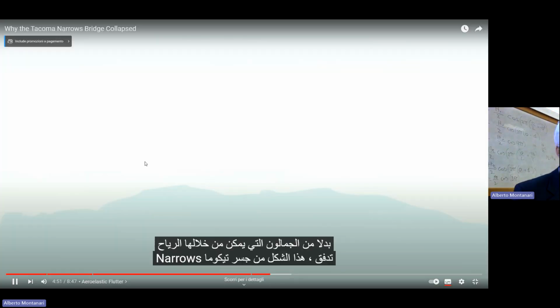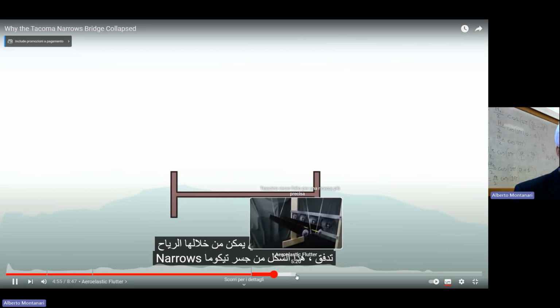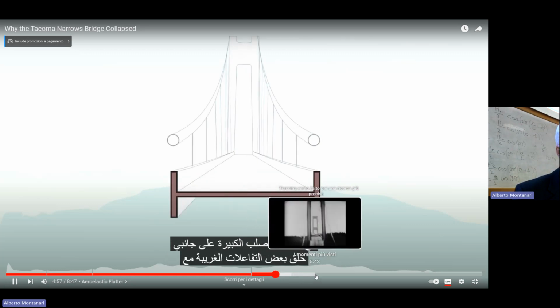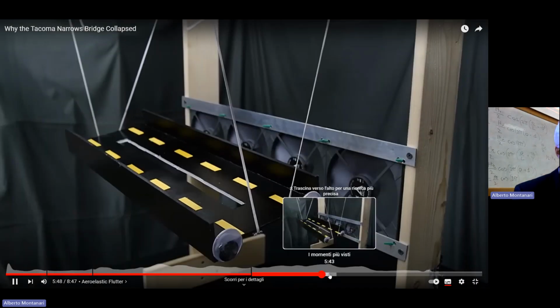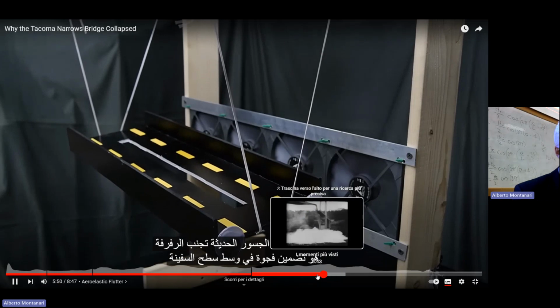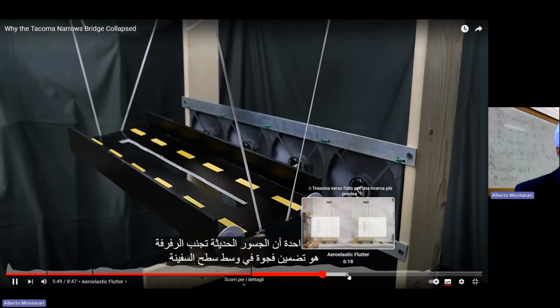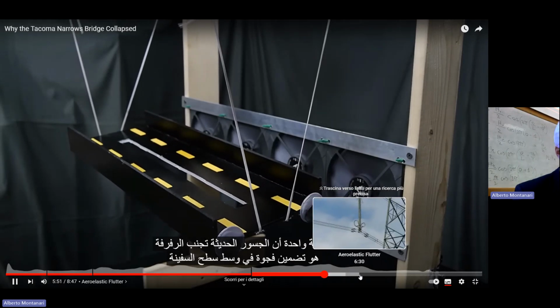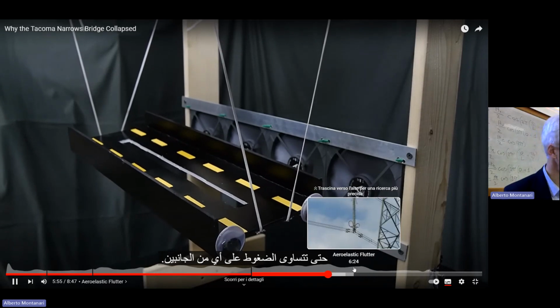Rather than a truss through which wind can flow, the shape of the Tacoma Narrows Bridge had large steel plates on either side. One way that modern bridges avoid flutter is to include a gap in the center of the deck so that the pressures on either side can equalize.